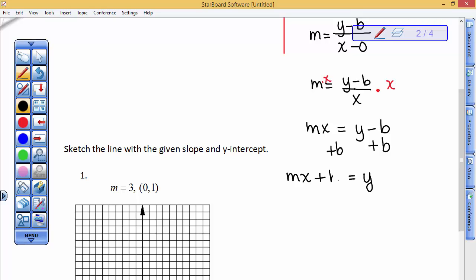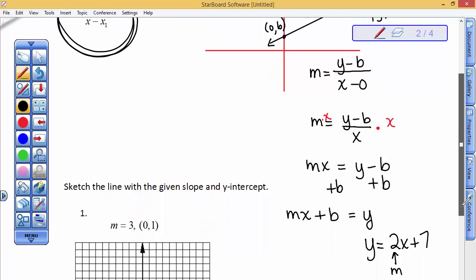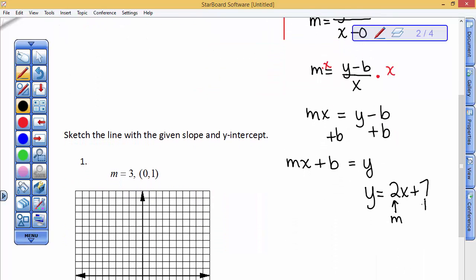And what this means is if I have an equation like y equals 2x plus 7, the slope of the line is the number in front of x, that m value, because we developed this from the slope equation. And the number, the 7, is the b value. It's called the y-intercept.